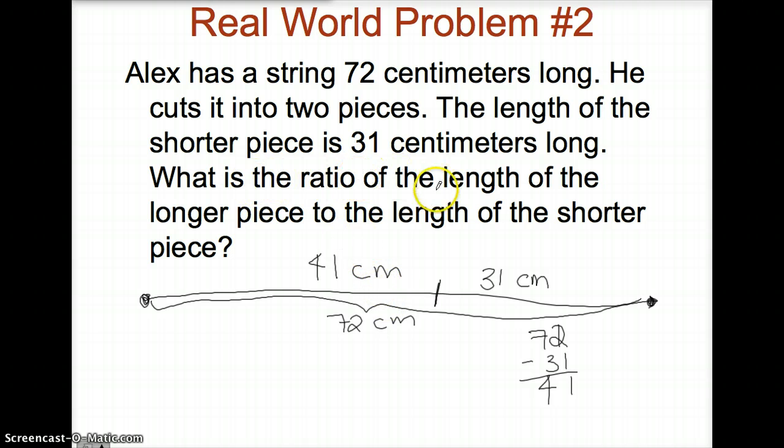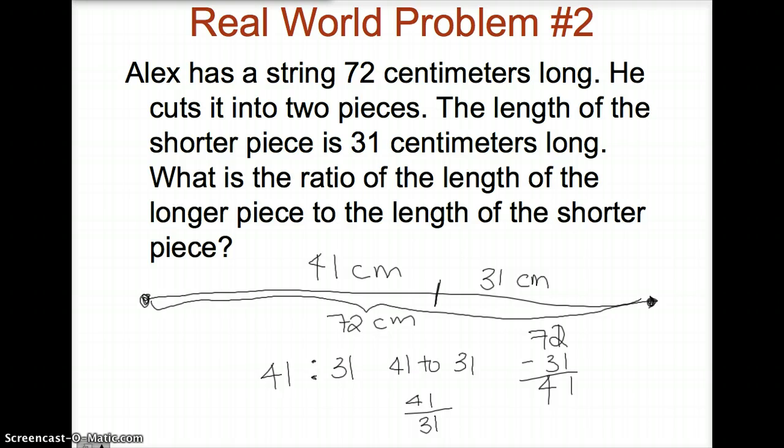So the ratio of the length of the longer piece to the length of the shorter piece is 41 to 31. And we can write it all the different ways. 41 to 31 with the word to, or we can write it as a fraction, 41 over 31. And it doesn't matter that it's an improper fraction. We don't need to turn it to a mixed number.